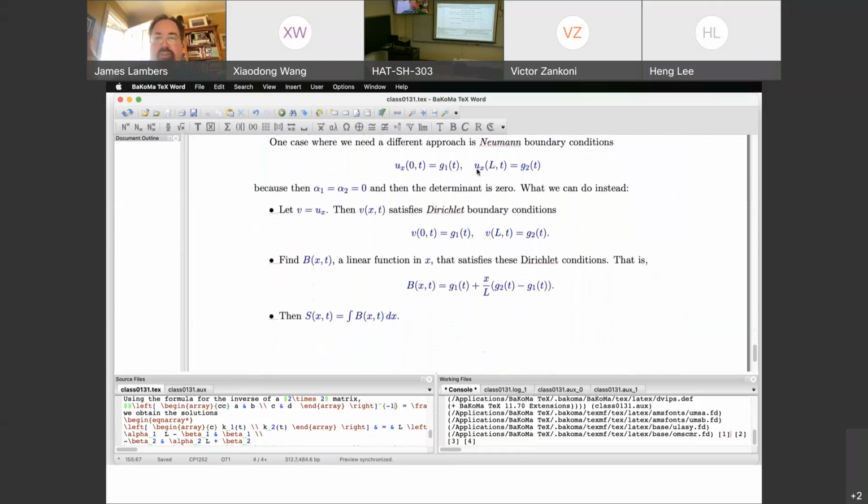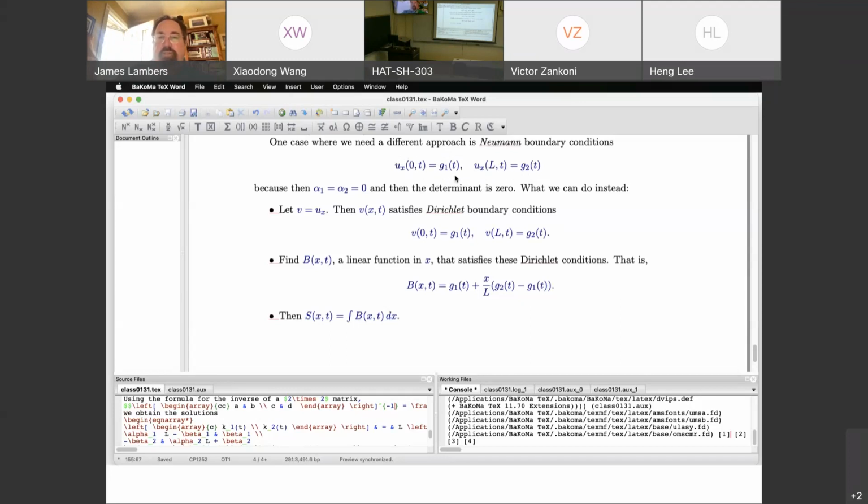here. So let's suppose that these are your boundary conditions. In this case, you cannot find a function that is linear in x such that its derivative is equal to g1 at x equals 0 and g2 at x equals L. The reason, and a nonlinear algebra way to see that is, suppose u satisfies these boundary conditions and it's a linear function in x.